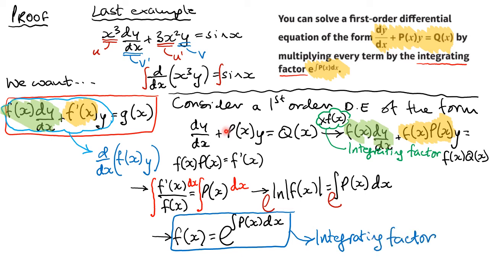So if we take our differential equation that looks like this and we multiply every term by the integrating factor, which we find by doing e to the power of the integral of p of x, which will be the function that you see in front of y, then it turns it into this form, which means we can then use this method of reversing the product rule basically. So this is the proof of that method.